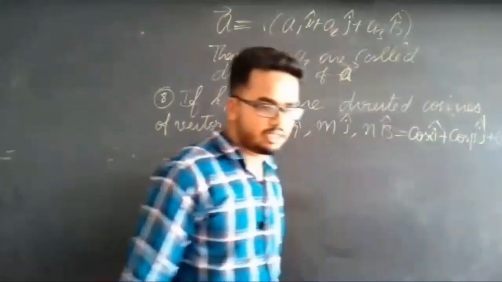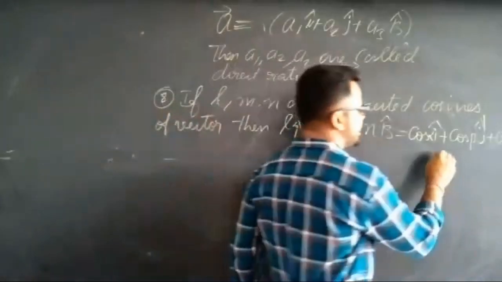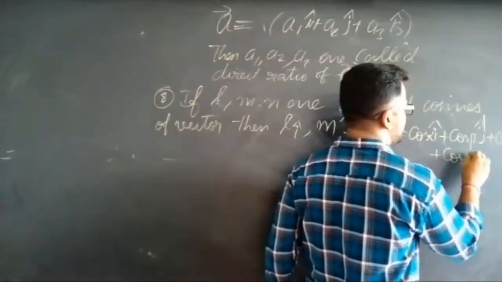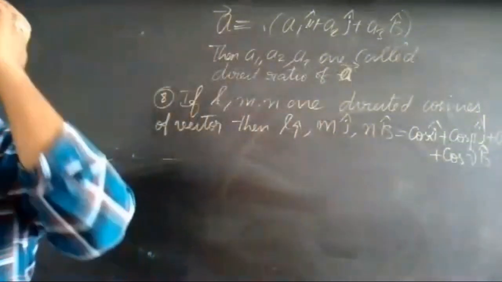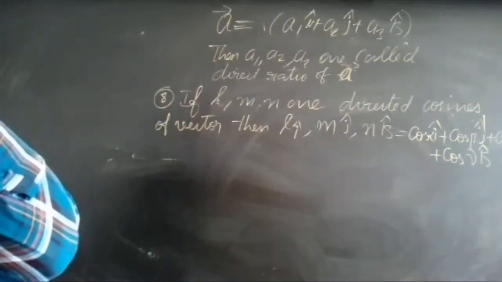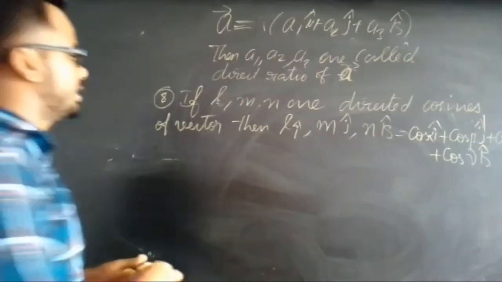Is it visible? The last one is cos gamma k. This is the unit vector in the direction of that vector.